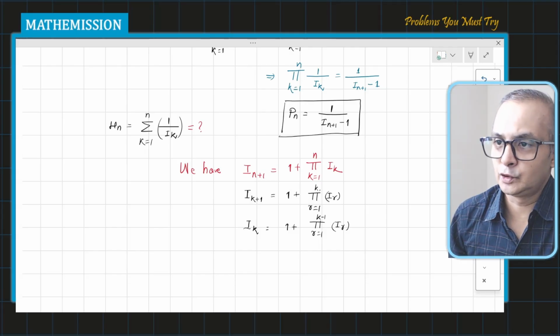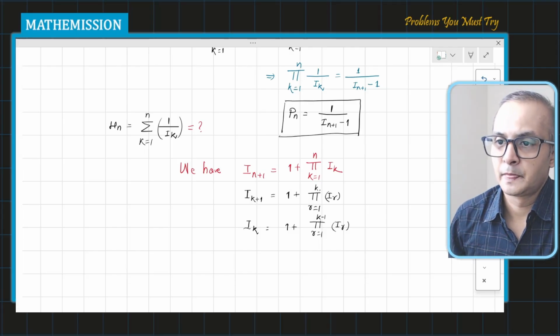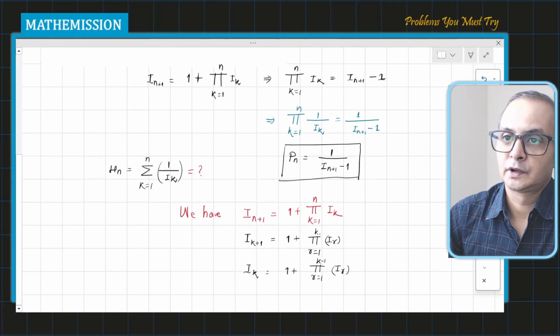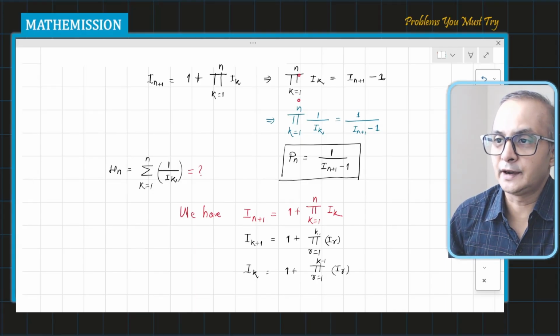Now from here you can notice clearly that there is one term missing. If I have r from 1 to k, I can write this entire product here. Let me write it in terms of r, then you will understand perfectly.